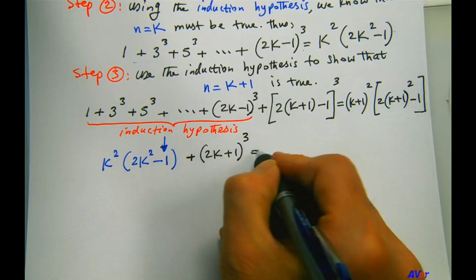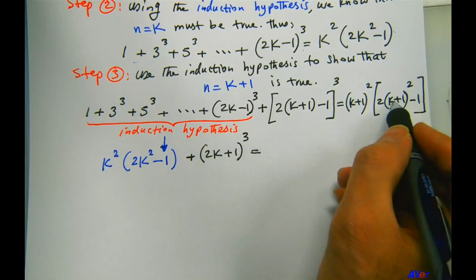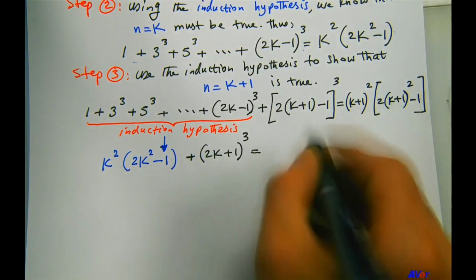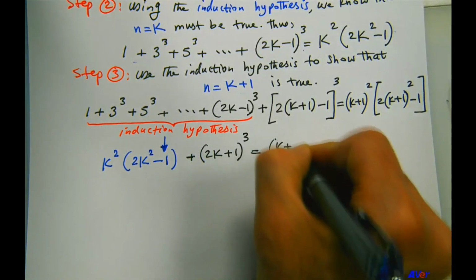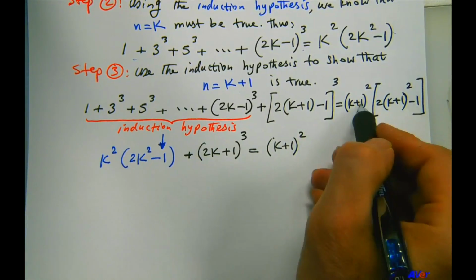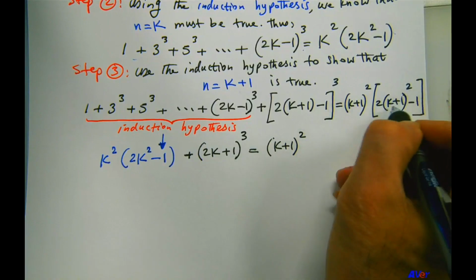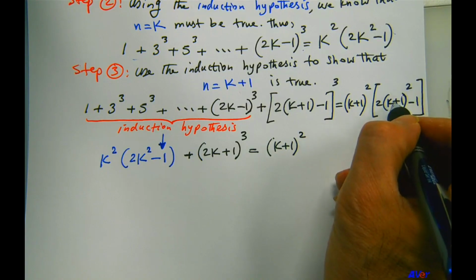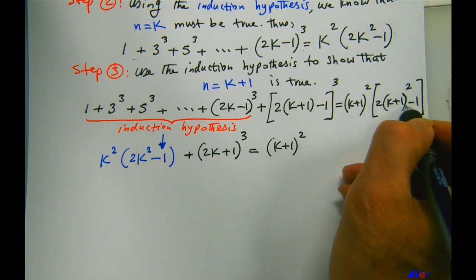On the right, let's simplify things as much as we can. So k plus 1 squared, right? That's that piece. Now let me expand this binomial squared, the quadratic expression, before distributing this 2 into it.